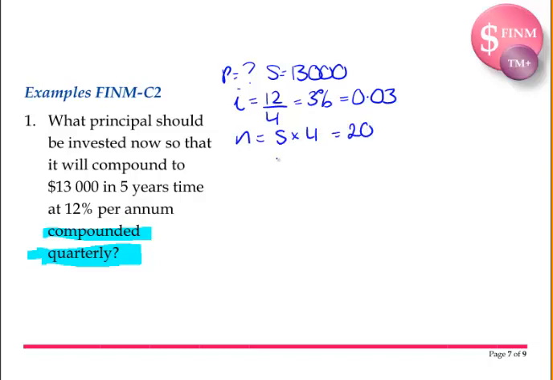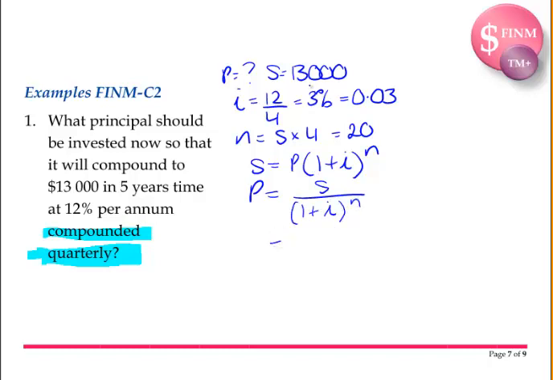So I write out my formula, which is S equals P(1 + i)^n. I don't want that formula, I want my P on its own, so I'm going to bring the P out the front, divide both sides by what's in the bracket, and I end up with S over (1 + i)^n.